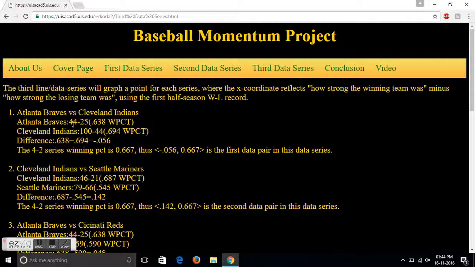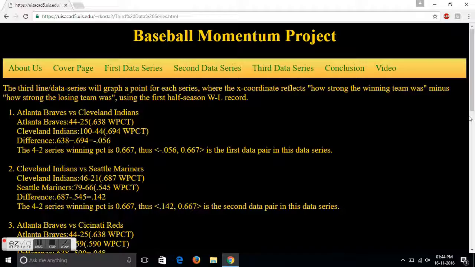So we are going to take the winning PCT of the half season of Atlanta Braves, and for Cleveland Indians we are going to take the overall season's winning PCT and subtract, and the difference would be minus 0.056. And as per the y coordinate, it would be the same as the whole series winning PCT, which is 0.667. Thus, this is the first data pair in this third data series.